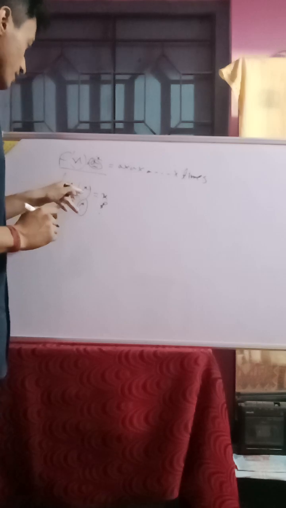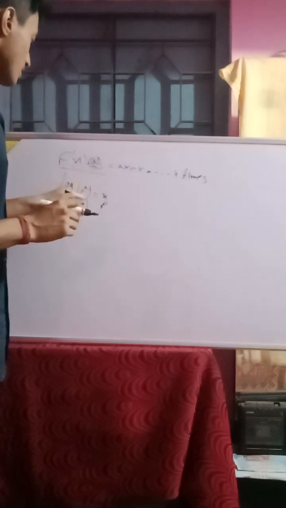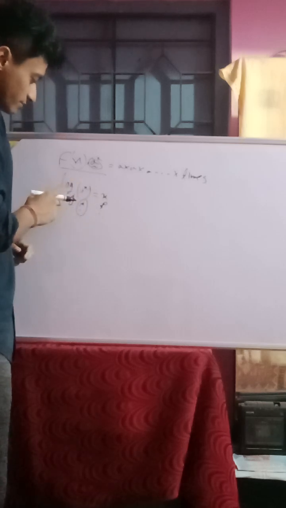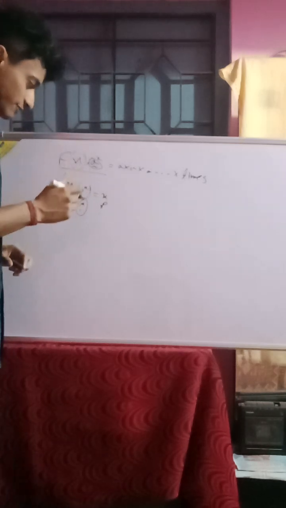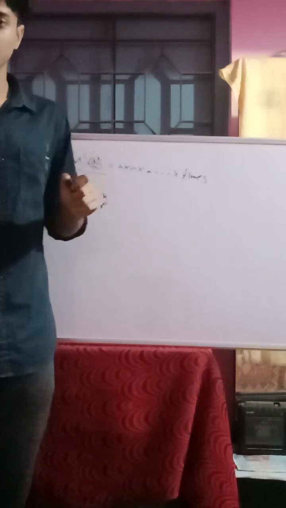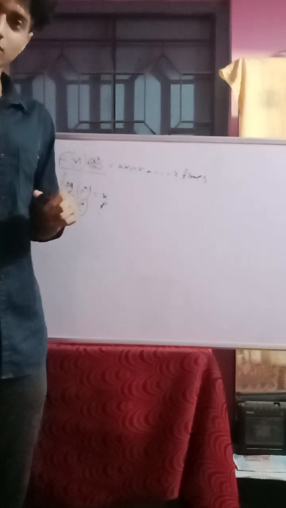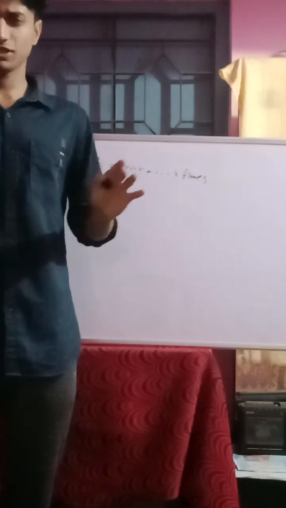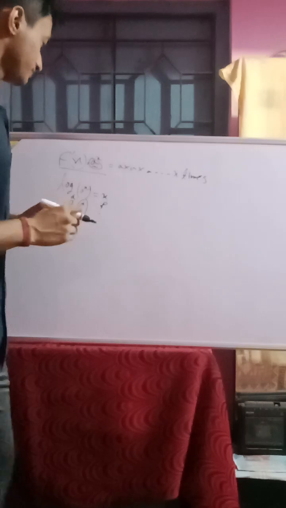Instead of the answer, you can call it the input value. We have a to the x, and log base a of a to the x gives us the power that we need to raise a by to get a to the x. So of course, the power that raises a to get a to the x is going to be x. So there should not be any doubts regarding that.